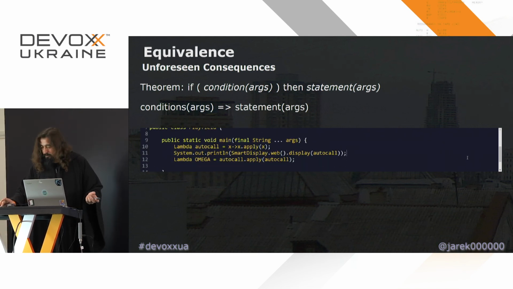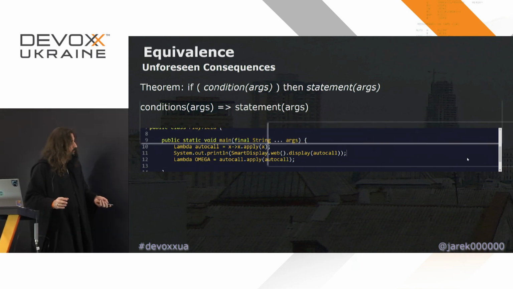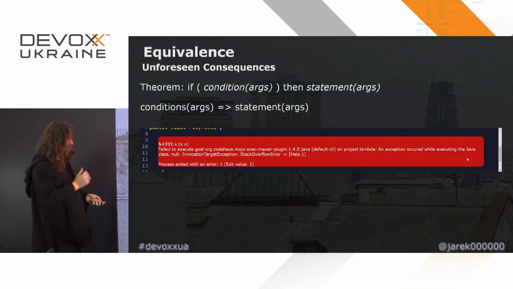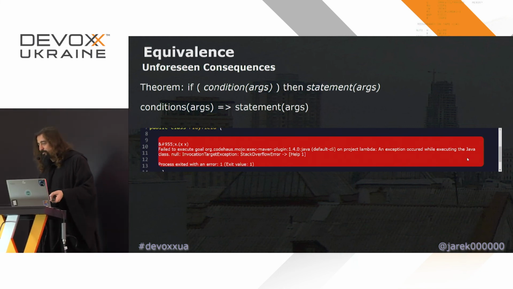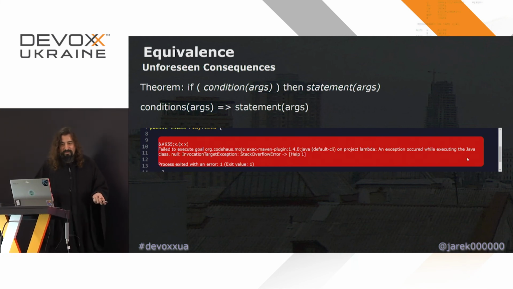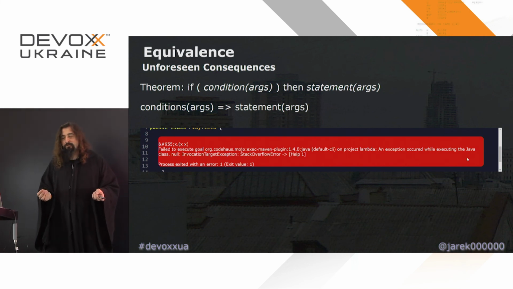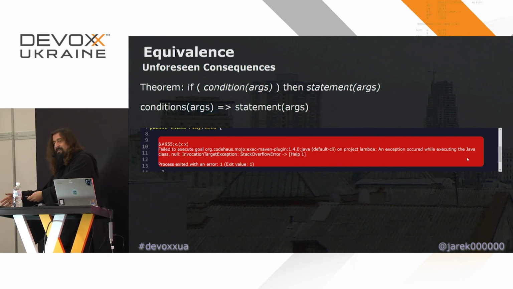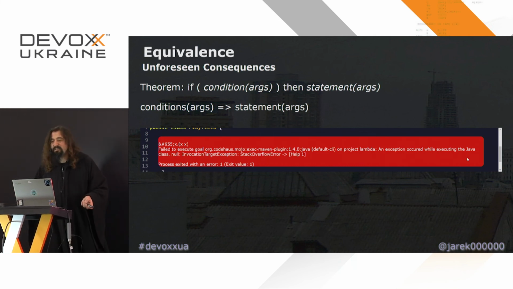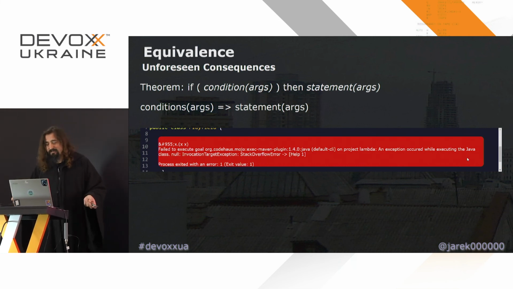Now, I don't do much, I just fire it. And what would I get? Stack overflow. That's the problem. In fact, any more complex theorem that you analyze will sooner or later explode on stack overflow. You cannot, with Lambda, analyze other Lambdas because they could be infinite, and you will get in an endless loop.